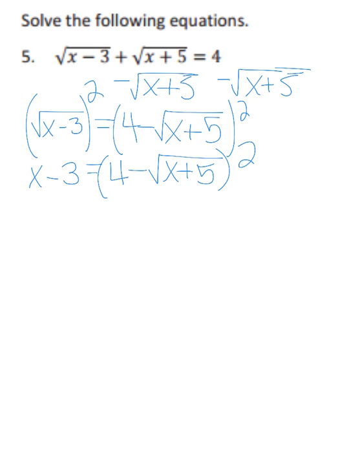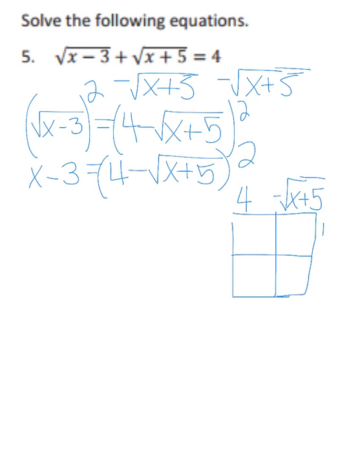So off to the side here, let's do tabular for that 4 minus the square root of x plus 5 squared. So I have 4, I have a negative square root of x plus 5, and I have a 4 and a negative square root of x plus 5.